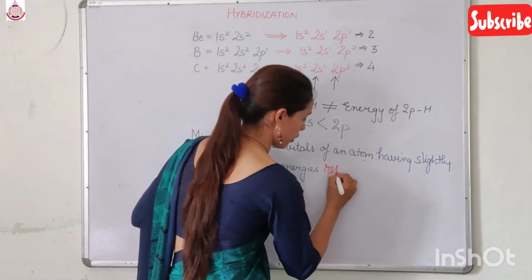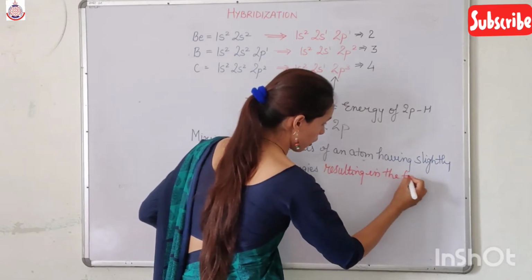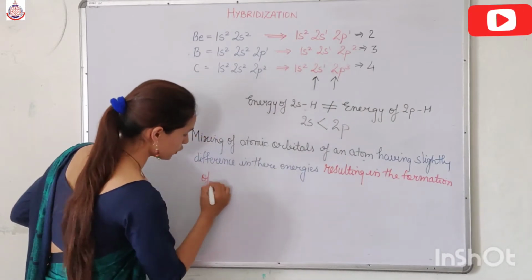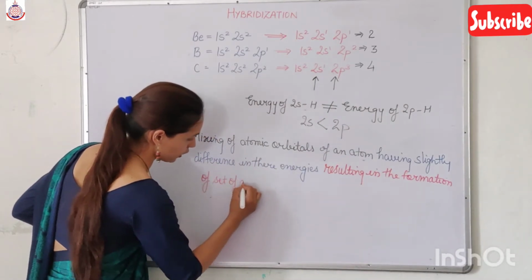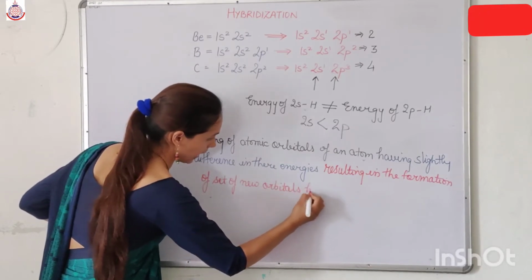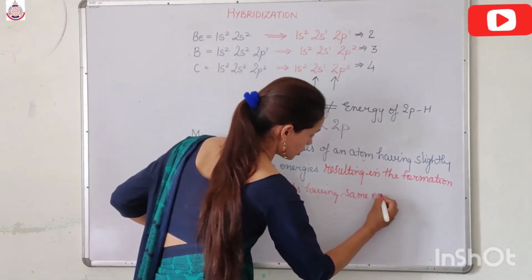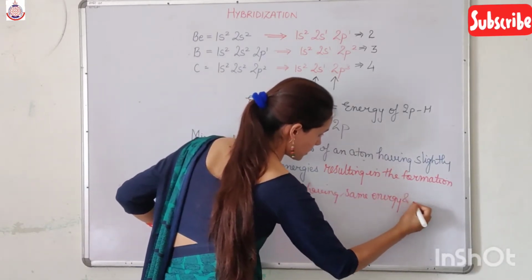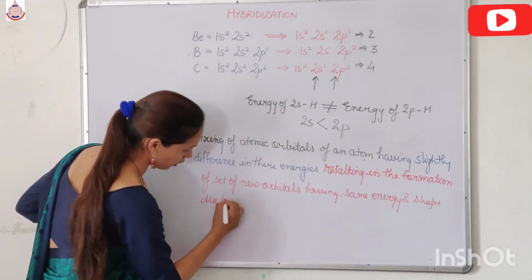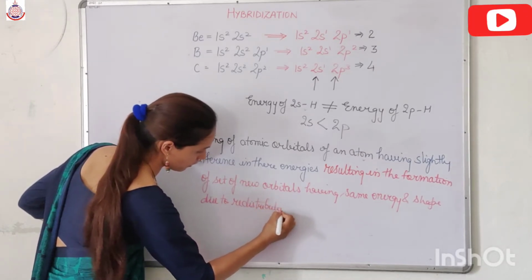resulting in the formation of a set of new orbitals having the same energy and shape, due to redistribution of energies.